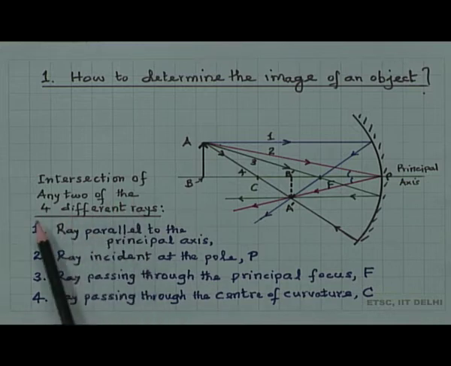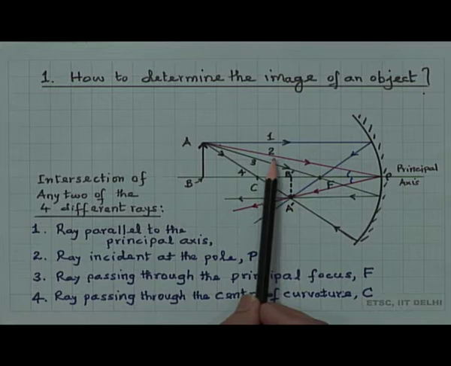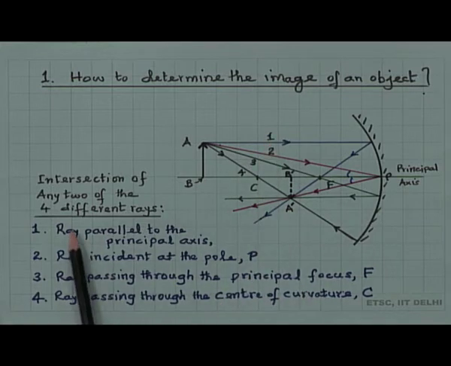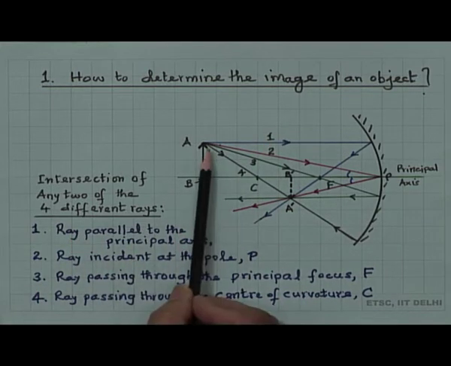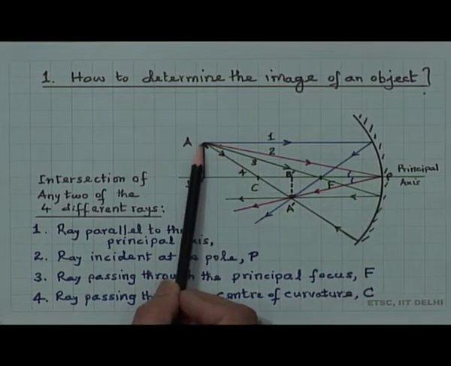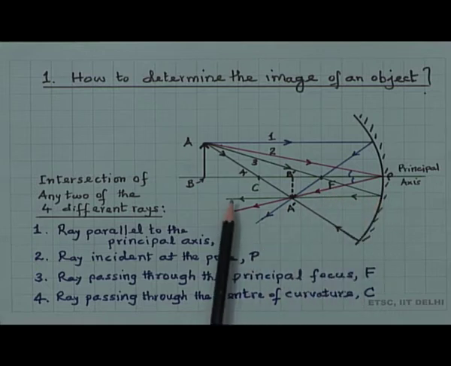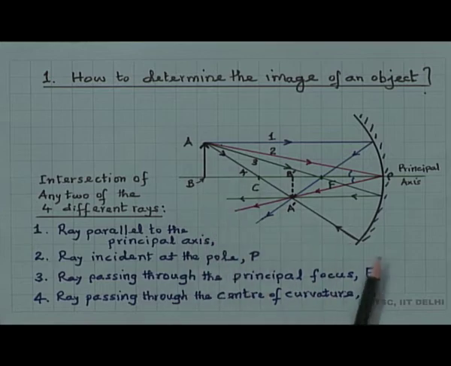But any two of the four different rays: the ray parallel to the principal axis, the ray incident at the pole, the ray passing through the principal focus, which will be rendered parallel, and the fourth, a ray passing through the center of curvature, which will retrace its path.